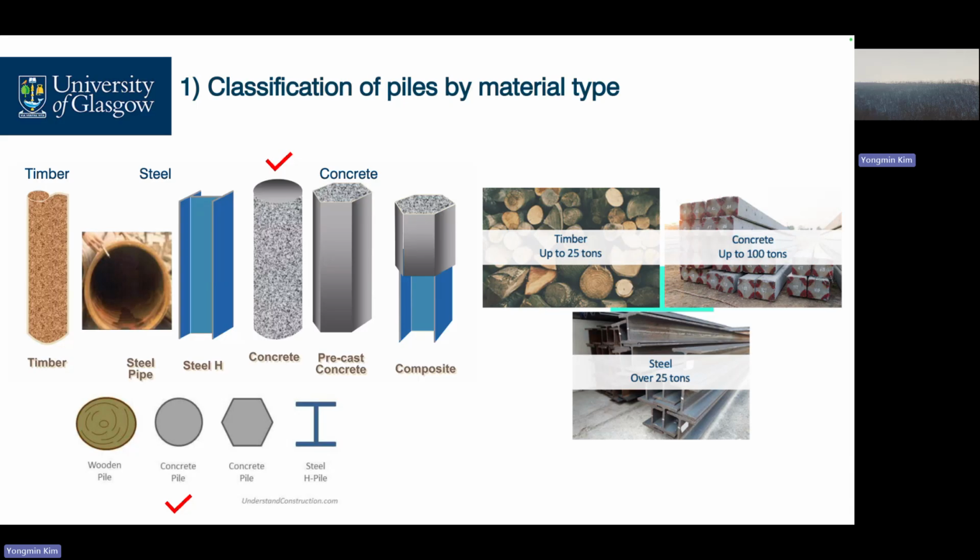So in recent years, in the fourth industrial revolution era, we only use concrete and steel. It doesn't matter the shape, circular or different shapes, even eye shape. Mostly we use concrete and steel pipe.